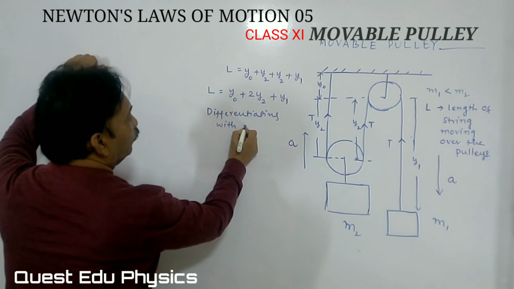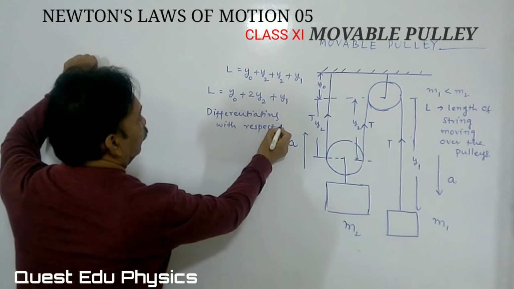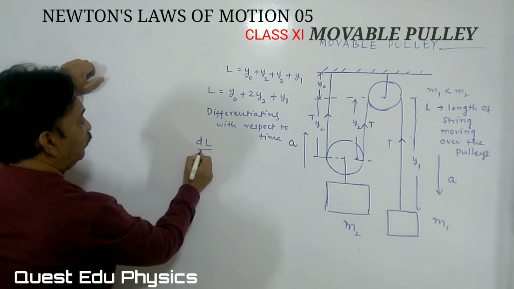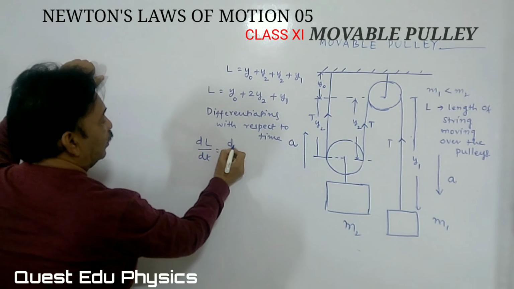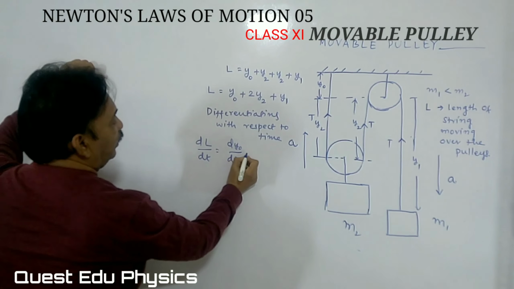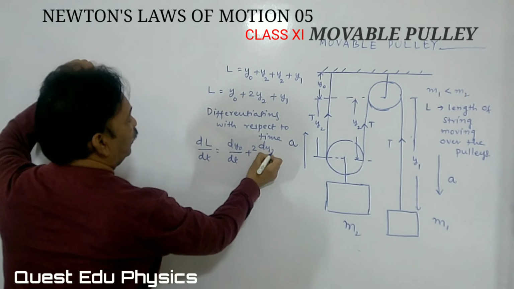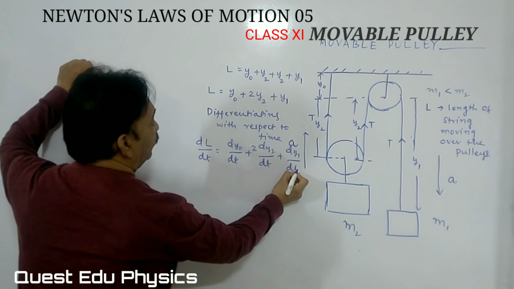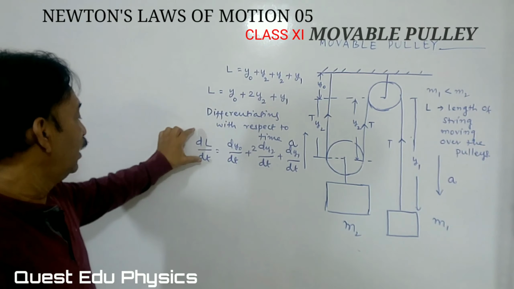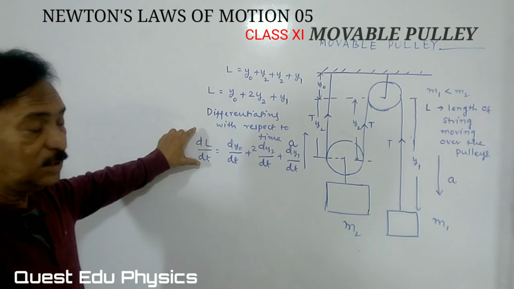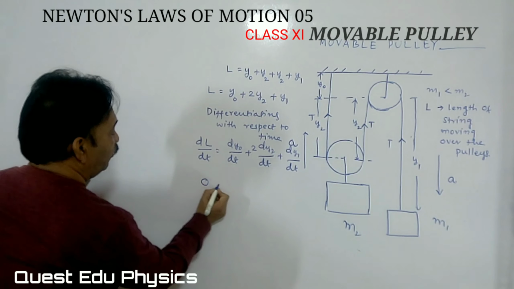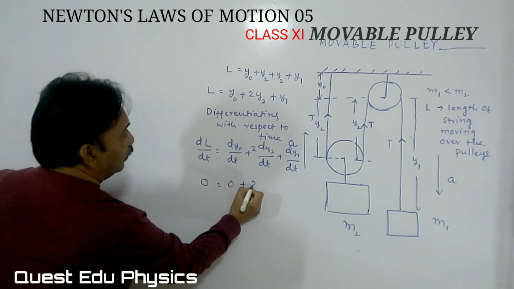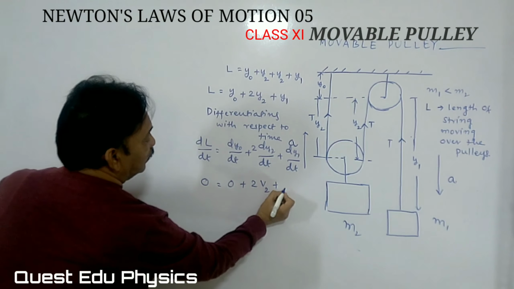What we get, students? dL/dt is equal to dy0/dt plus 2 dy2/dt plus dy1/dt. Here the length is constant, so the differentiation becomes 0, and y0 is also a constant, that's why it is 0, and we get 2v2 plus v1.